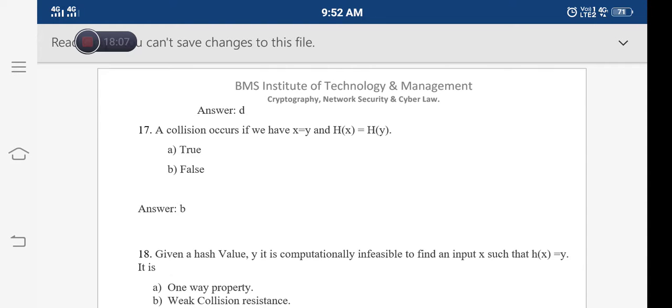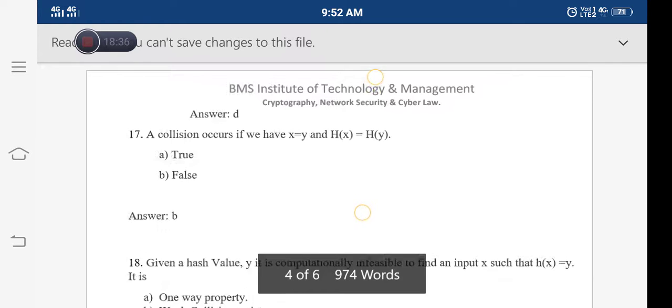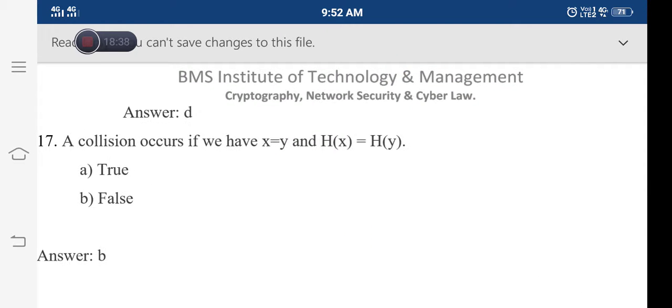If I have the value of x and I apply the hash function on x, I will get h of x. Similarly, I have one more value y, and when I apply the hash function on y, I get h of y. There is a chance that h of x can be equal to h of y, but that does not mean that the value of x equals the value of y.